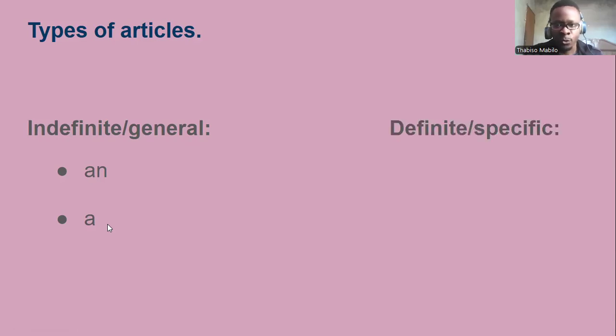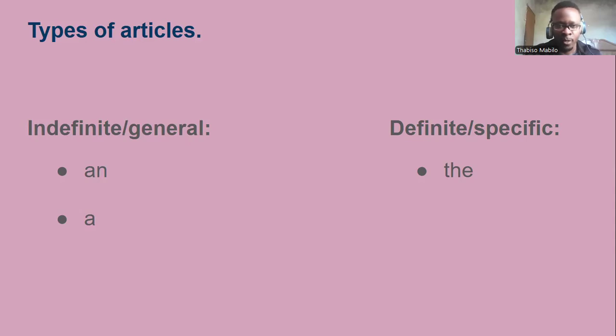Then we have the second group, which is definite or specific article. And here we have article the. So the article the is considered a definite or specific article. So overall, we have three articles. Okay? An and a are considered indefinite articles, whereas the is considered a definite article. Okay?